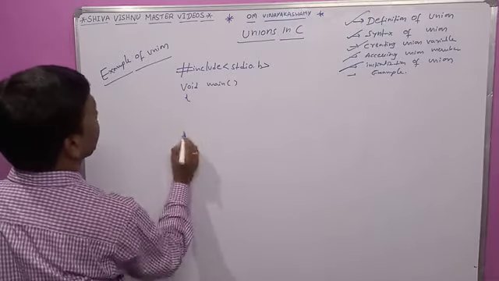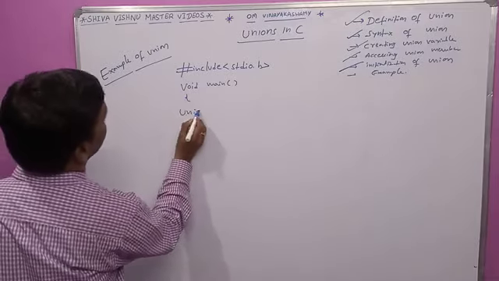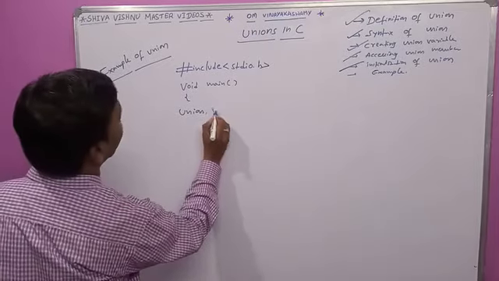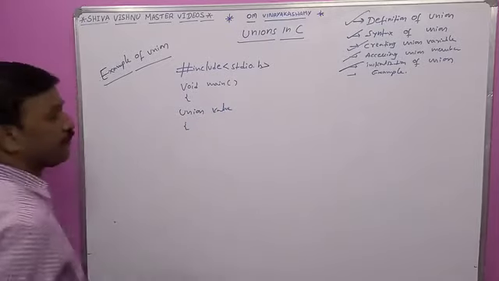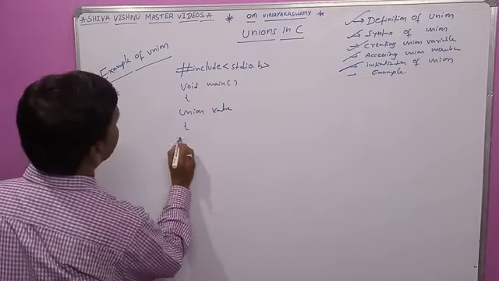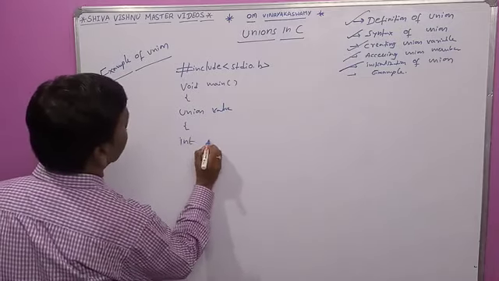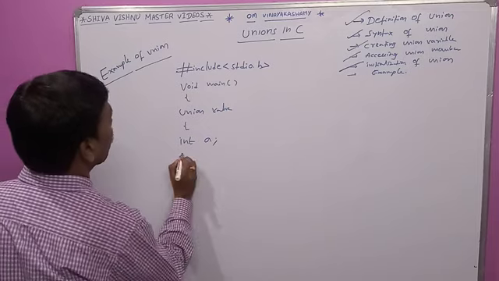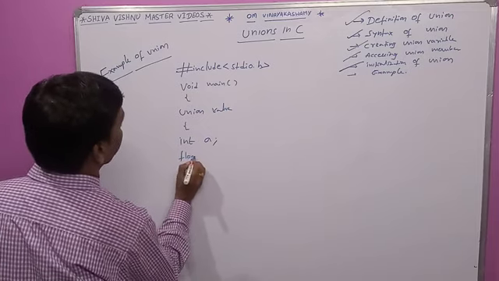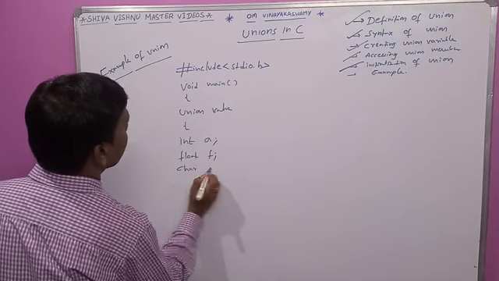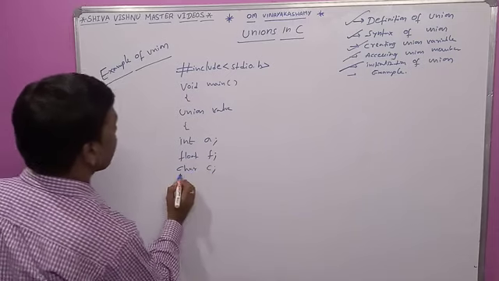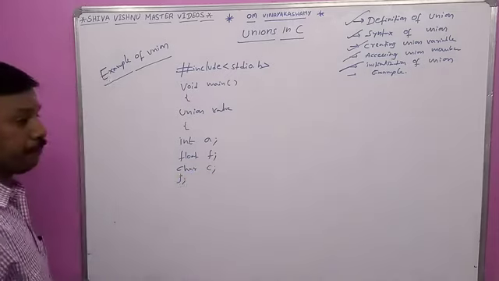Open brace. Union is a keyword, then the union name value, open brace. Here you can see int with variable a semicolon, float with variable name f, and char with variable c, then close with semicolon.